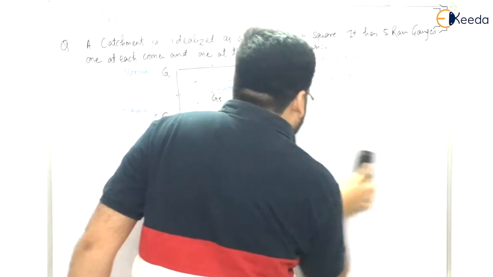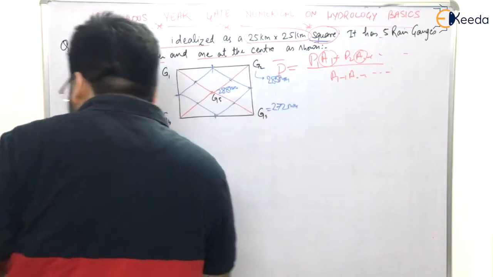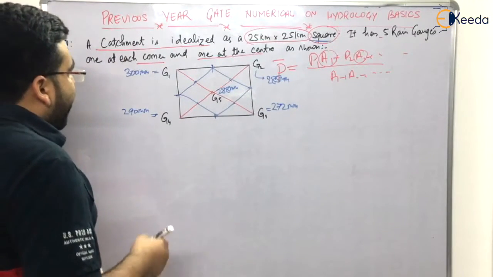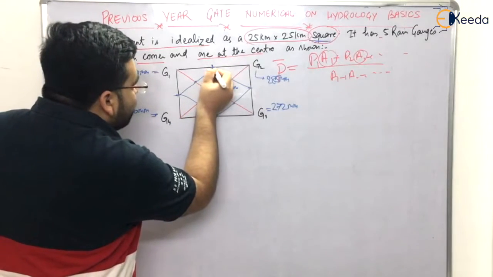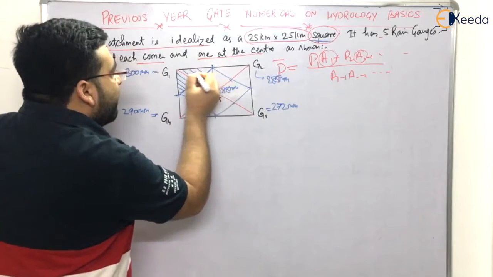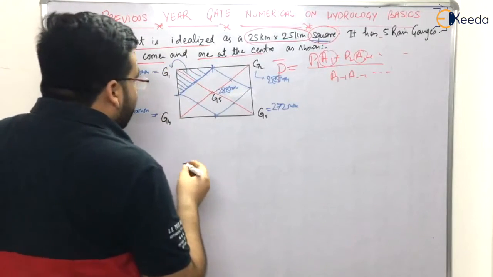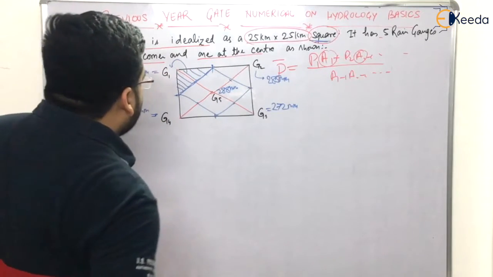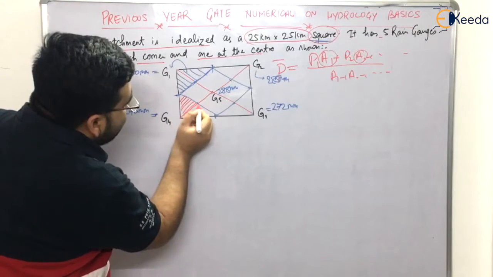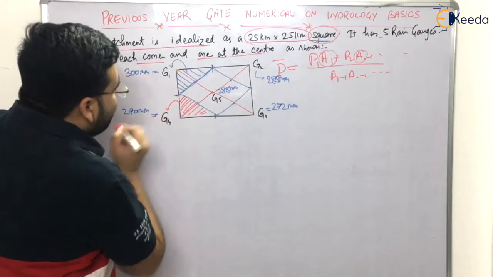This is the formula for the Thiessen polygon, Thiessen mean method. Now the question is, we have to determine the areas. So let me hatch the area. This area we have to determine. This area will pertain to G1. Let me use another marker so that you don't get confused. This area will be for G4.